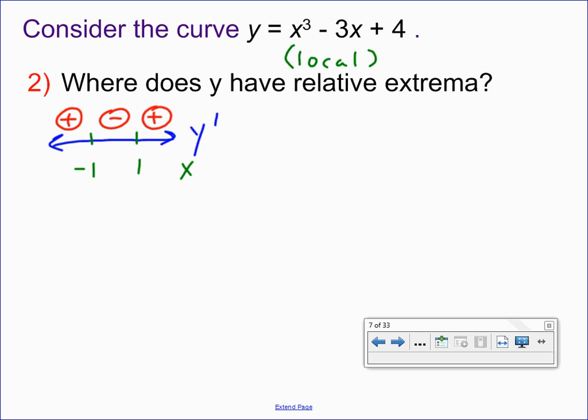And so y has a local, looks like what the feature would be at x equals -1, a max or a min. Maximum. From Bellwork, we switch from positive to negative.